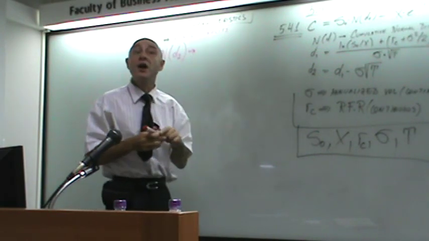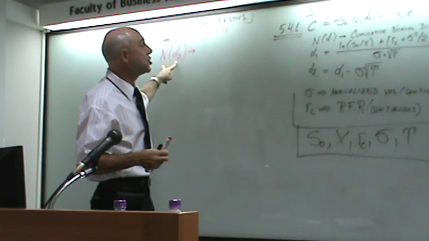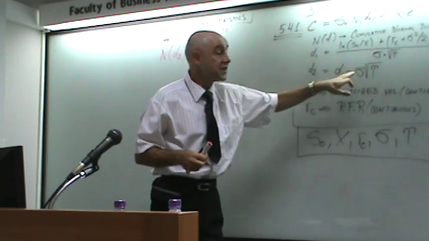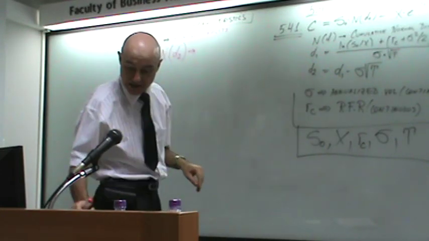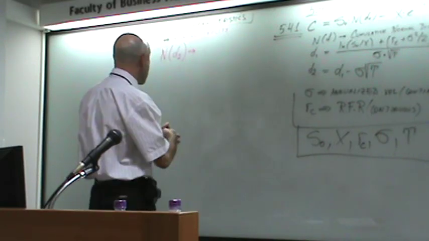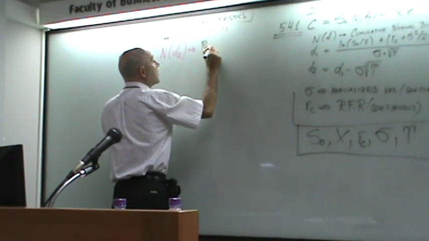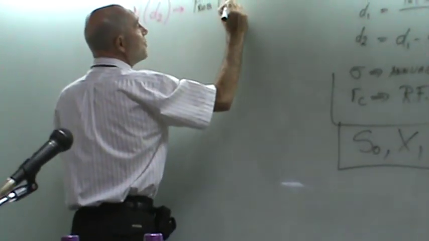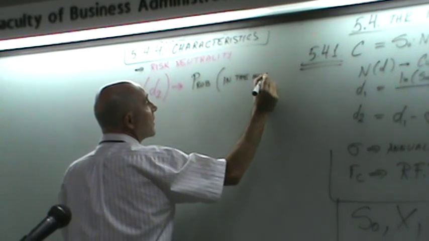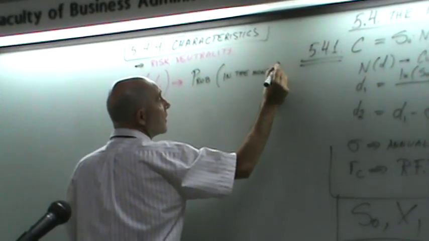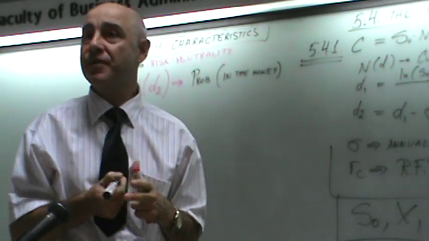The meaning or interpretation of ND2 is that this is the probability of being in the money. So this is the probability that you will end up in the money.